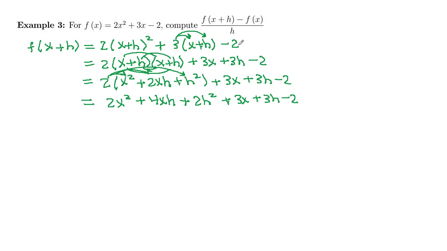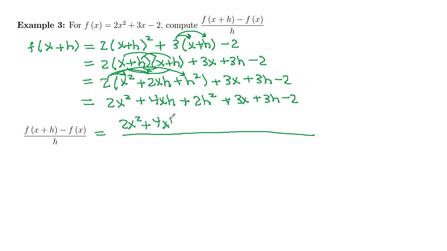So now we're ready to go ahead and plug into our difference quotient here. Our f of x plus h minus f of x over h is going to look like, here's our f of x plus h, so that goes in here. So 2x squared plus 4xh plus 2h squared plus 3x plus 3h and minus 2.